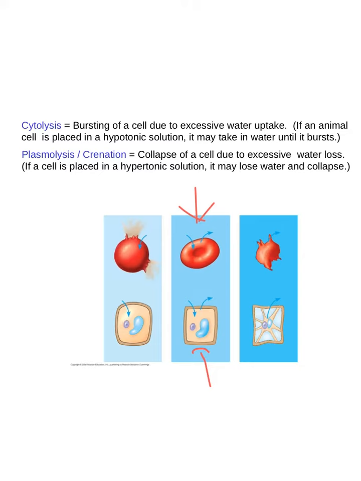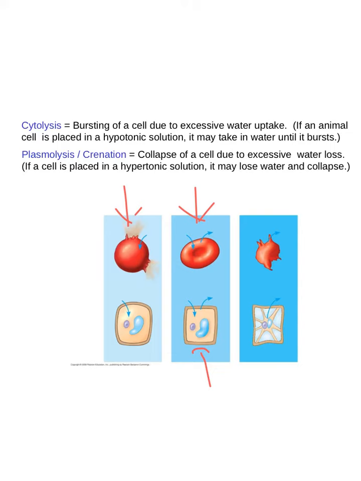Well, if the turgor pressure becomes too great in an animal cell, the cell might undergo cytolysis. Cytolysis is when the cell actually bursts because, basically, it's just overinflated. It's like taking a balloon and pumping in more and more air, or in this case water, until it just bursts.